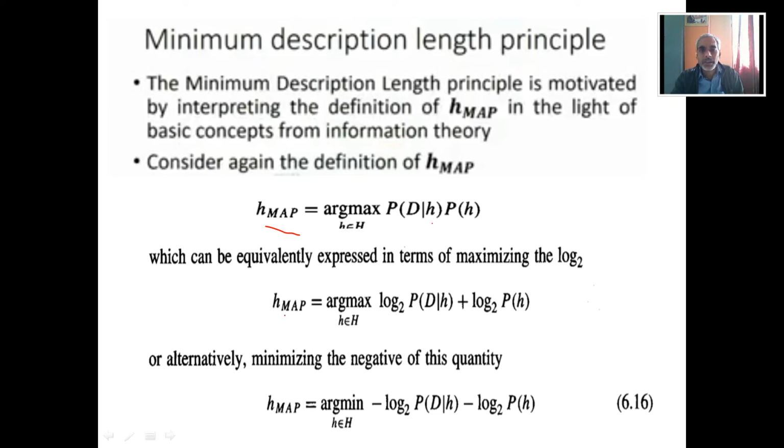Then we get H MAP is equal to argmax over all the hypotheses belonging to the set of all hypotheses, where we apply log to this term. We know that log of A times B is log A plus log B, so we use that here.